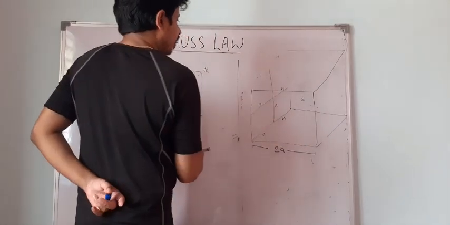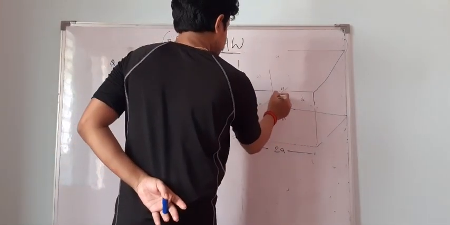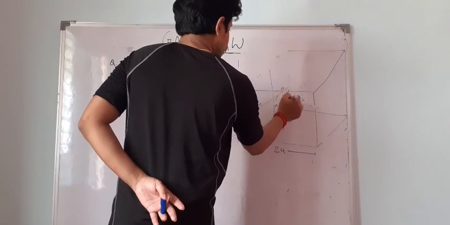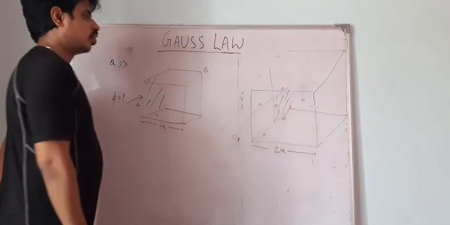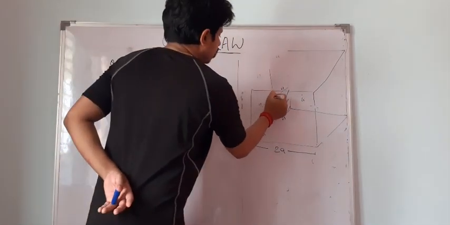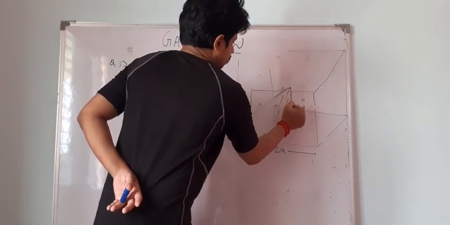So I have to find the flux through one, say this. So this is my required surface through which I have to find the flux.